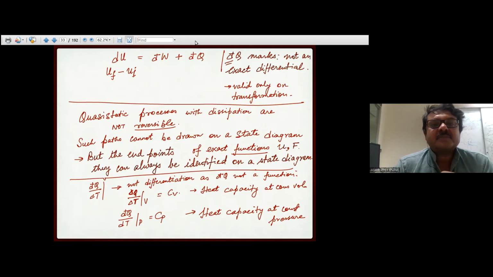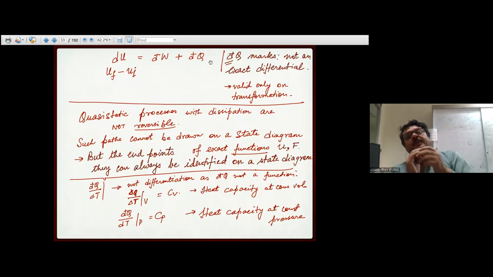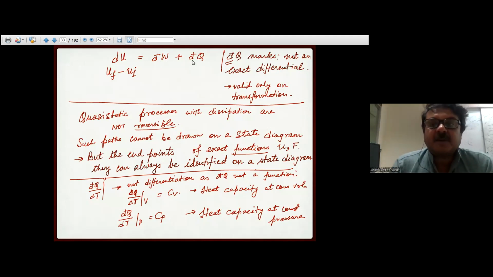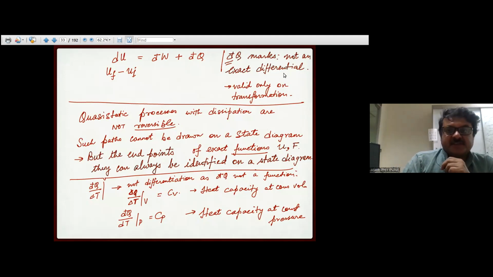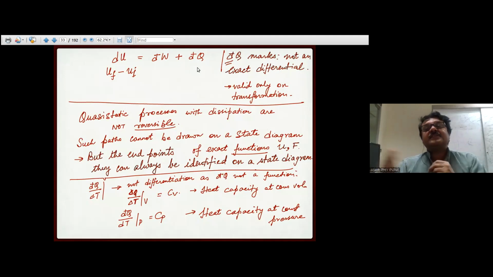But in general, the change in internal energy can be written as the work done plus the heat absorbed. And these quantities, if there is heat exchange, are not exact differentials. Moreover, these things are defined only when there's a transformation.